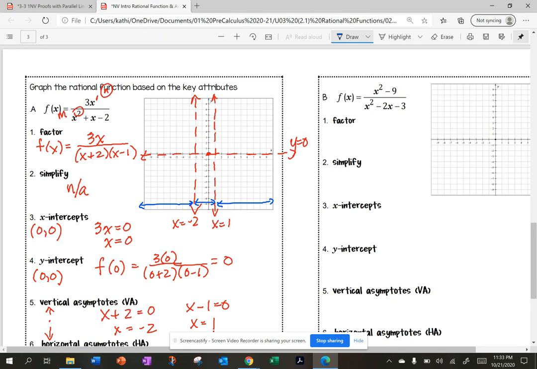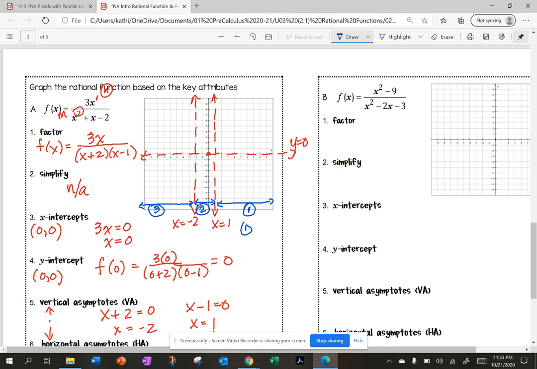It doesn't matter what x value I pick in the interval, so I'm going to pick one that's a little simpler. I'm going to call this interval 1, this interval 2, and this interval 3. I'm going to pick a point, test it, and see am I above or below the horizontal asymptote, and then I'll know where to draw my graph.